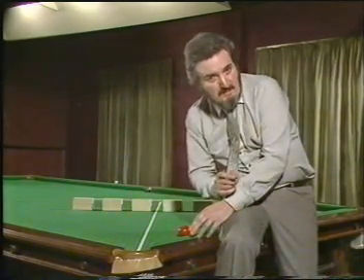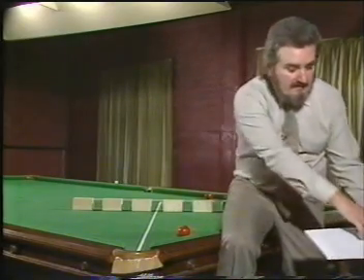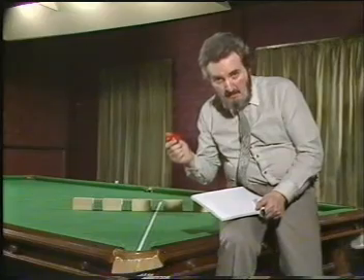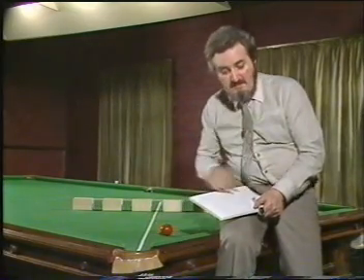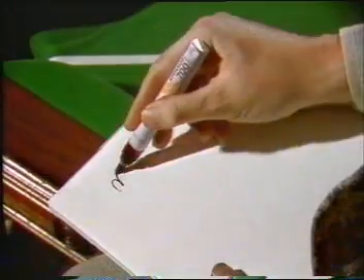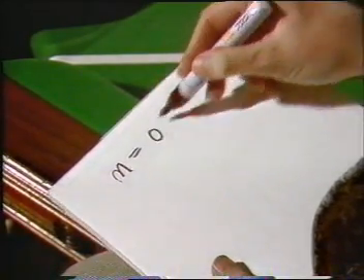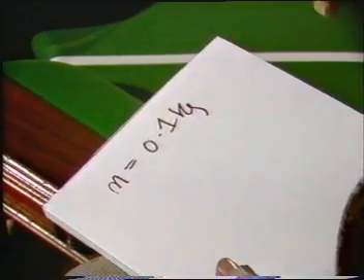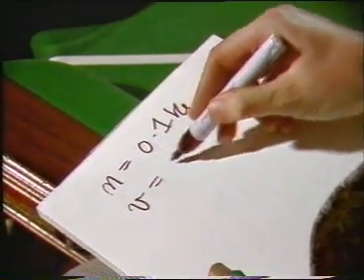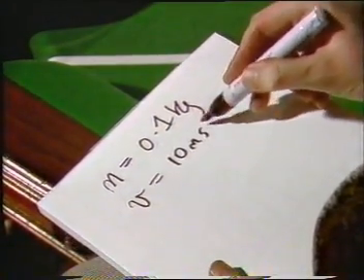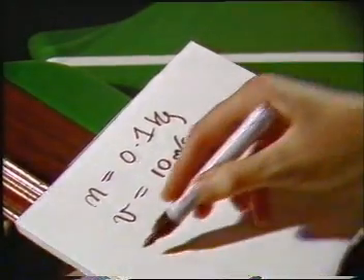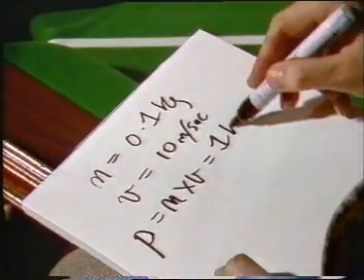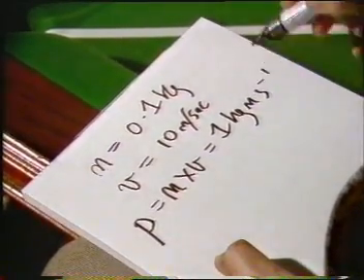Maybe we should put the numbers into the de Broglie formula. Well, what's the mass of a billiard ball? Say 4 ounces, about 100 grams. So I have m equals 0.1 kilogram. And if I say the speed is about 10 meters per second, v equals 10 meters per second, then I can work out the momentum, and it comes out to be 1 kilogram meter second minus 1.